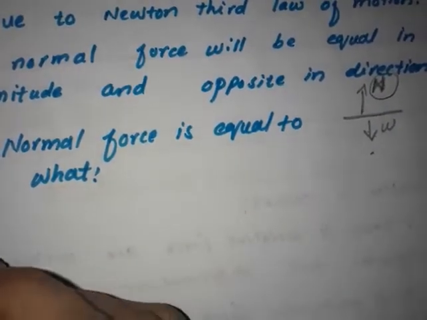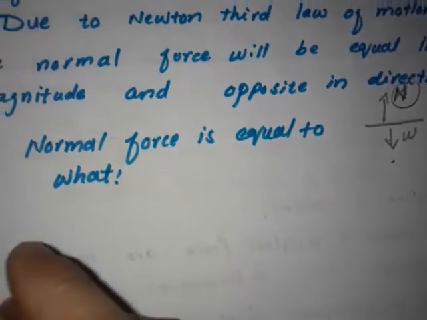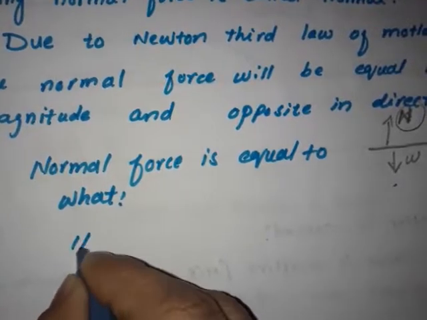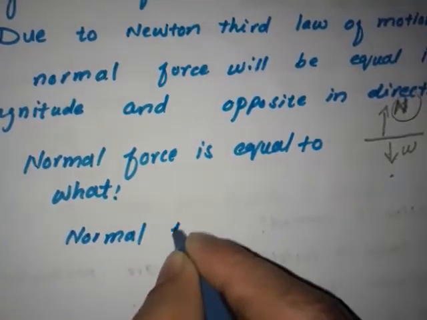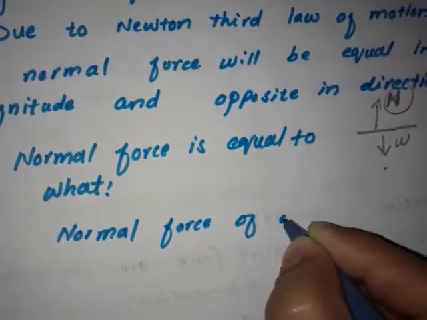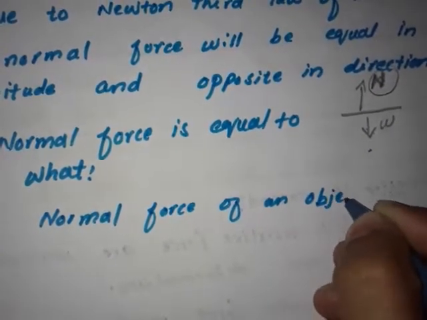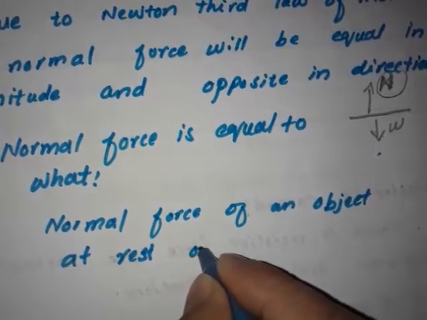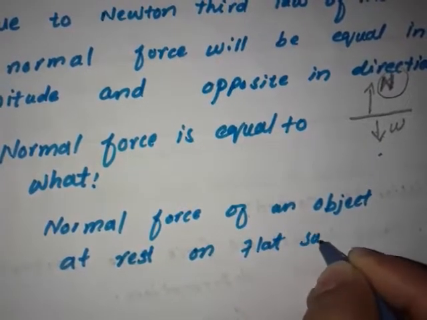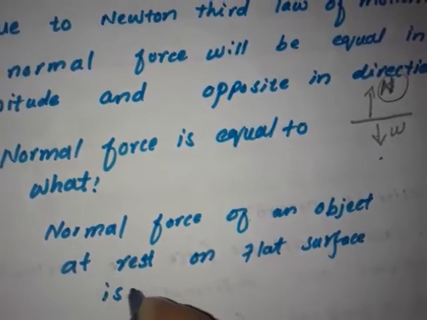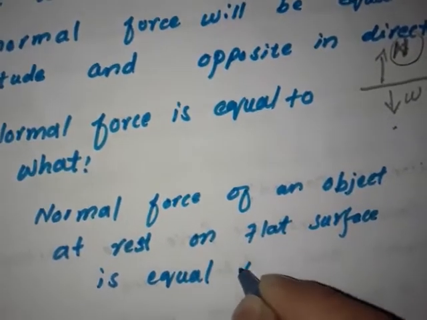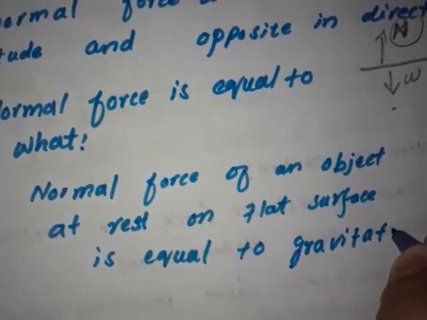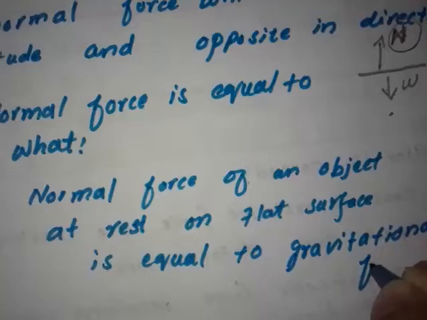So the normal force on an object at rest on a flat surface is equal to the gravitational force on that object.